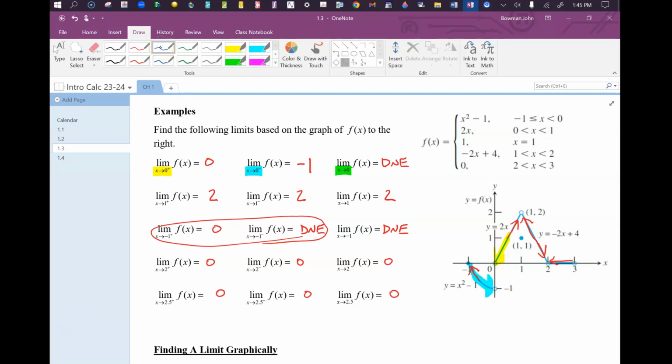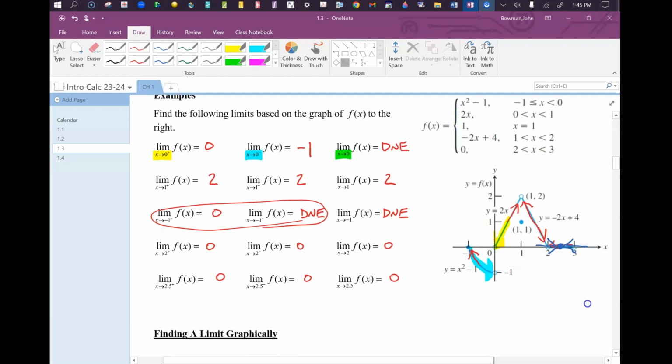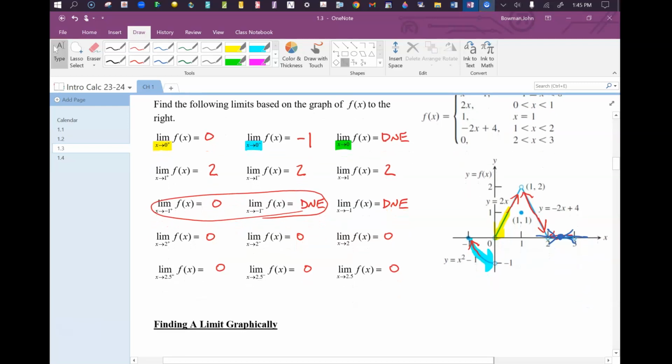And then finally, you might not think about it, but basically, if we think of the point right here at x equal 2.5, as x approaches 2.5 from the positive direction, y approaches 0, basically stays at 0. As x approaches 2.5 from the negative direction, y stays at 0. We could say it approaches 0, and therefore the limit as x approaches 2.5 is equal to 0.